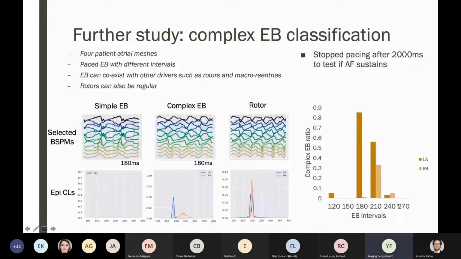Actually, this range is very common. It's very common for this complex ectopic beat phenomenon to happen, and especially for LA. For RA, it has a different range of the sensitive ectopic beat interval.